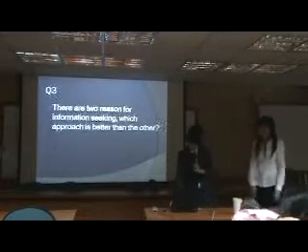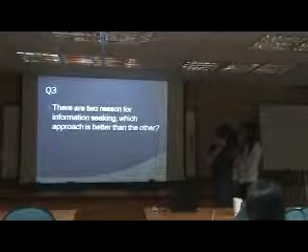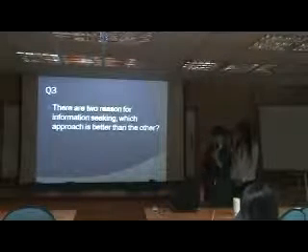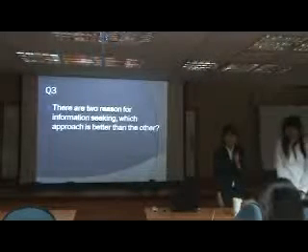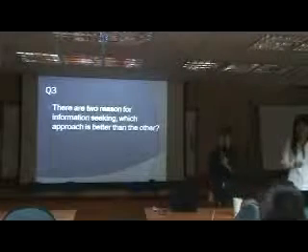Question 3. There are 2 reasons for information seeking. Which approach is better than the other? Which one is better?